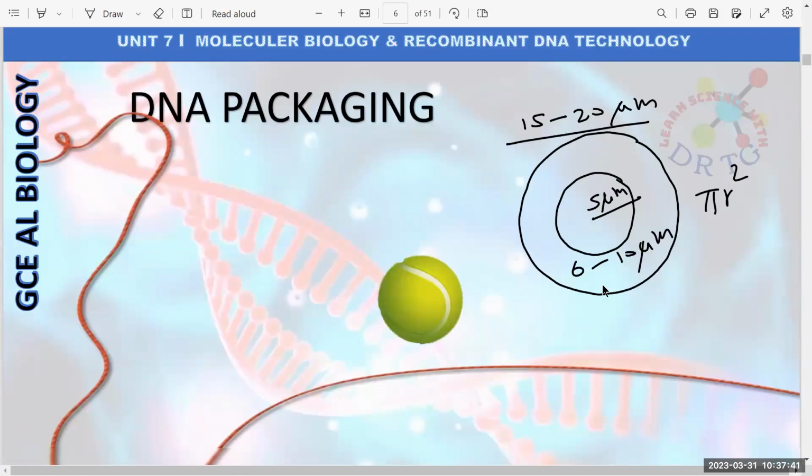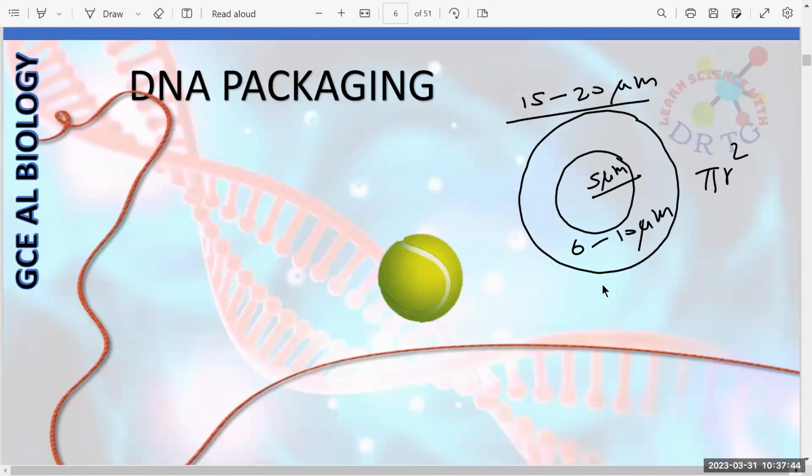Right, what we were discussing: the size of the cell could be 15 to 20 micrometers, and the nucleus could be 6 to 10 micrometers. Then we have to look at the length of a DNA molecule.